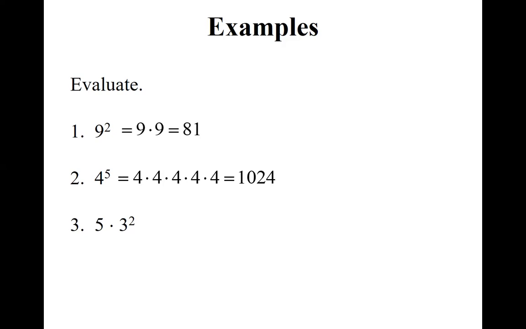So this is 1 5 and then 2 3s. In other words, 5 times 3 times 3. And the associative property says it doesn't matter how we group that, so we can do 5 times 3 is 15. 15 times 3 is 45. Or we could do 3 times 3 is 9. 5 times 9 is 45.